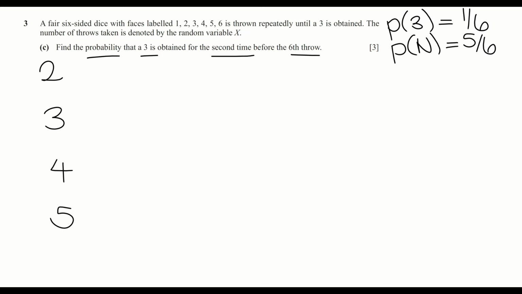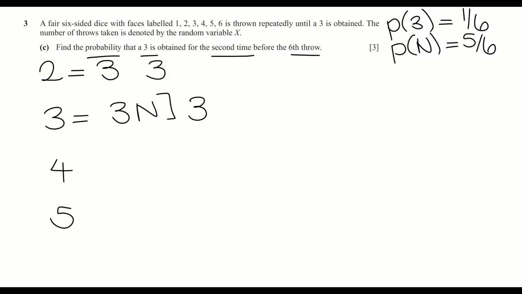If we get 2 3s in 2 turns, that means we get 1 3 followed by another 3. If we use 3 turns, the second 3 has to be obtained on the 3rd turn. In the first 2 turns, we're going to get 1 3 and one value that's not 3. I'm going to say 3 and not 3.